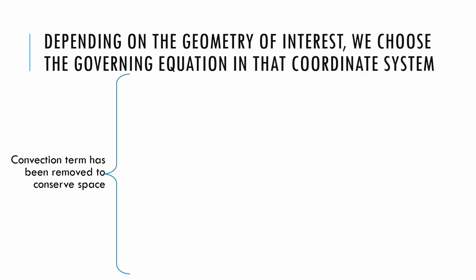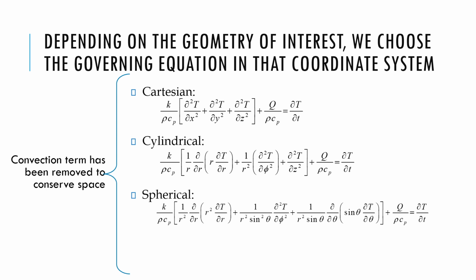Just for completeness, here are the equations, the same equation in different coordinate systems. We don't really need them in these details often when we are solving it numerically because these are already coded that way in the software, but still it's important to look at the form of the equations and also notice that, to just make it not very messy on this slide, I have dropped the convection terms.